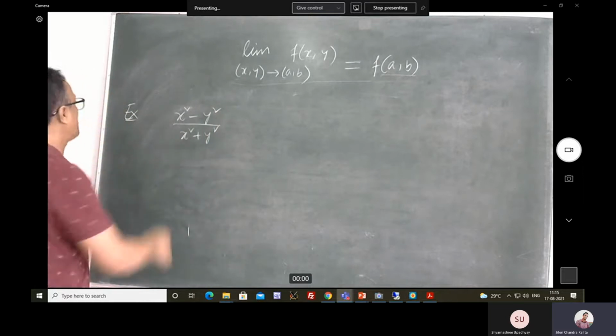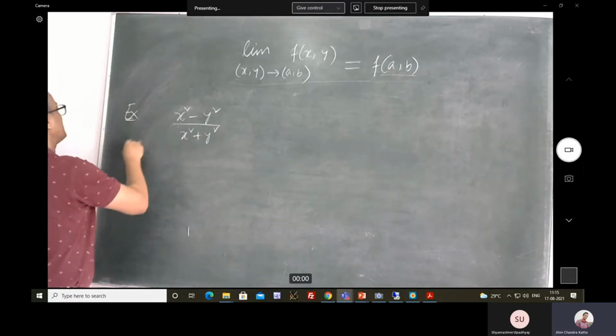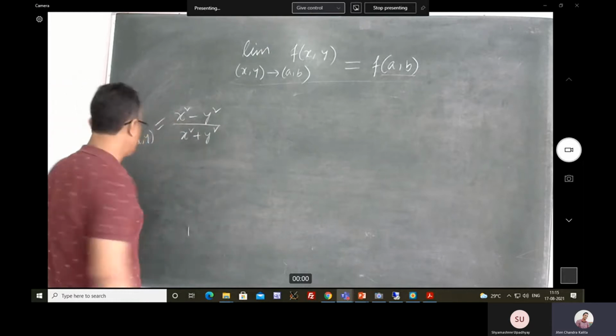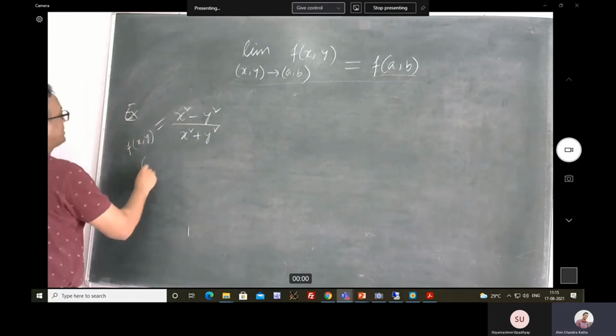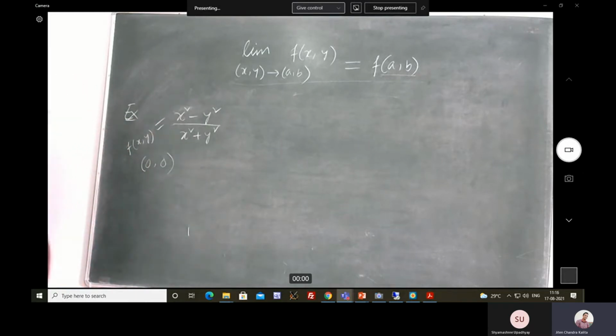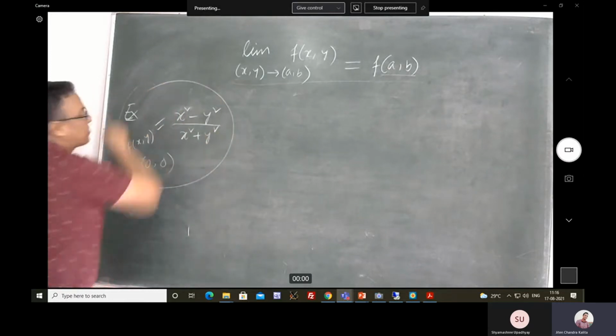Suppose I am considering this function, f of x squared, and I want to consider its continuity at the point (0, 0). Now I'll come back to this.